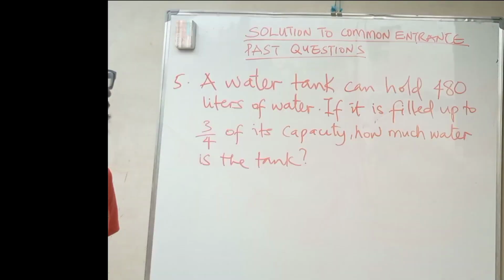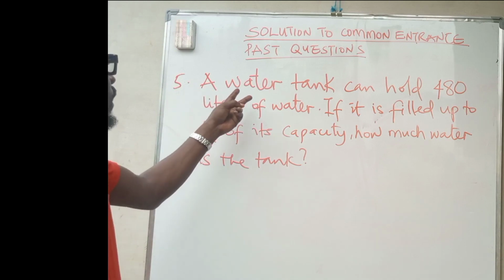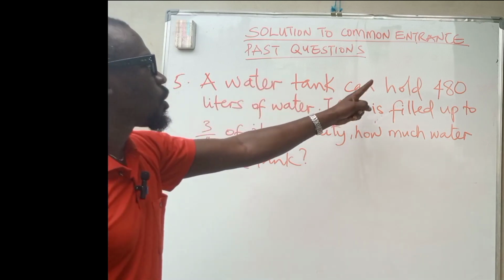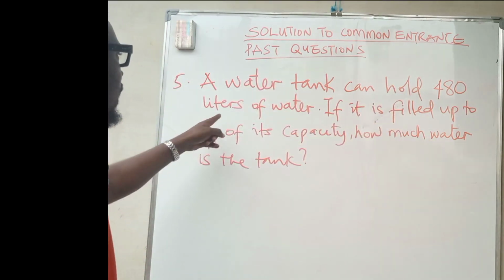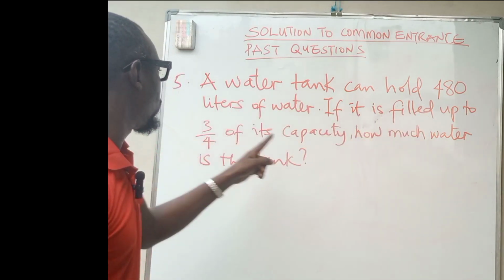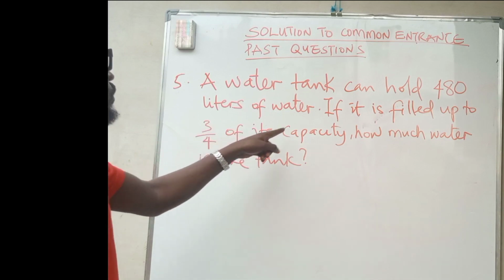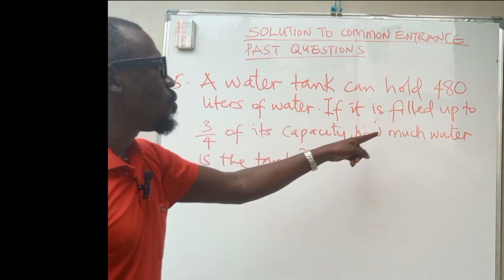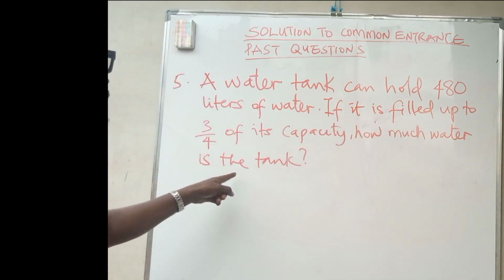Simple. We have another question that says, a water tank can hold 480 liters of water. If it is filled to 3/4 of its capacity, how much water is in the tank?